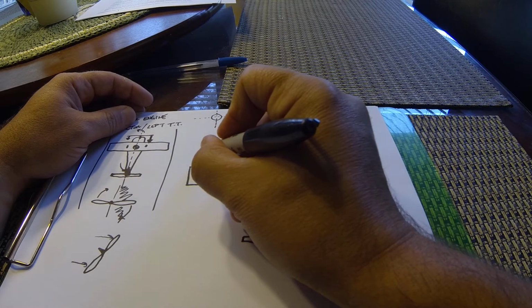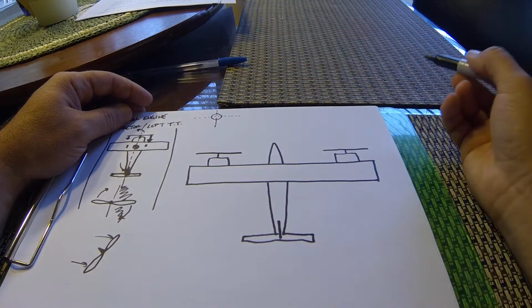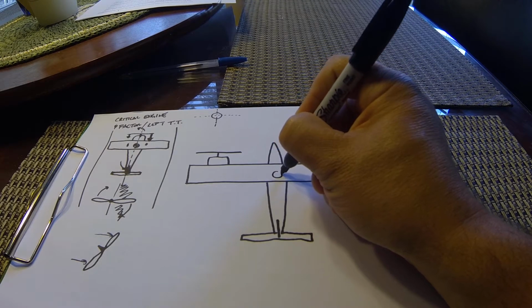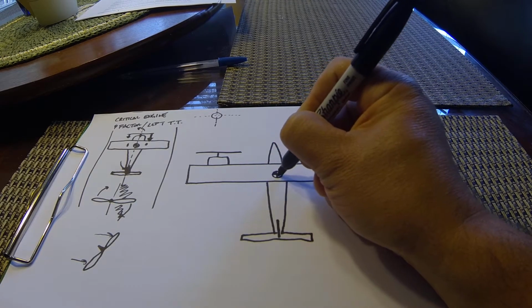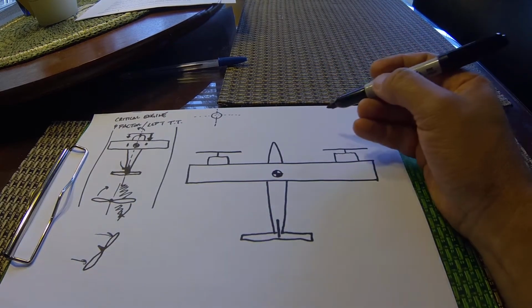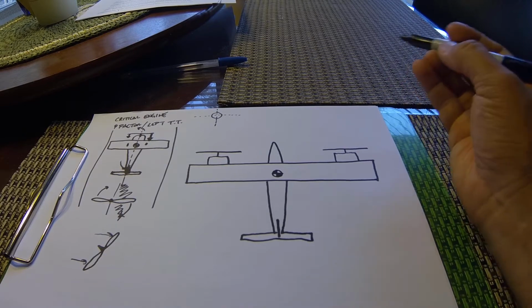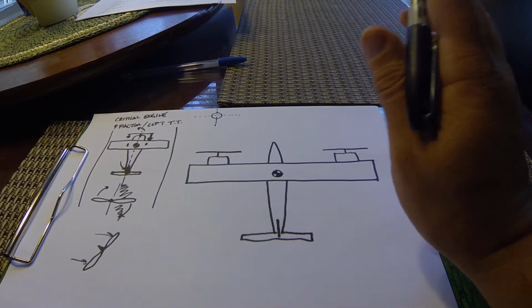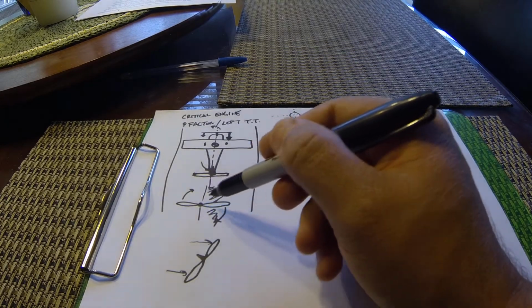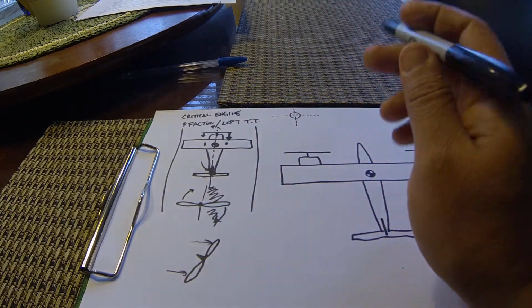Propeller, propeller. All right? Let's call our center of gravity right here. Nice and standard and within limits. So, let's introduce this concept of critical engine. Again, in North America, we talked about it already, the propellers turn to the right as viewed from the cockpit.